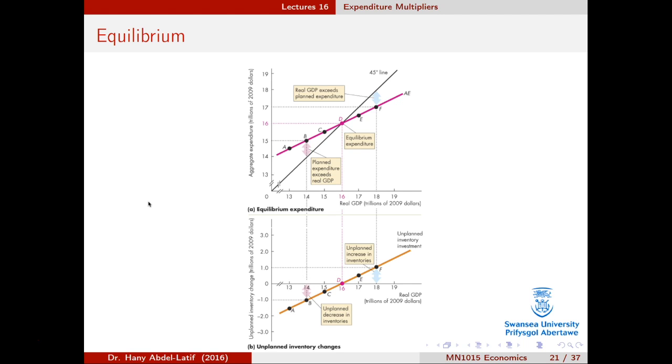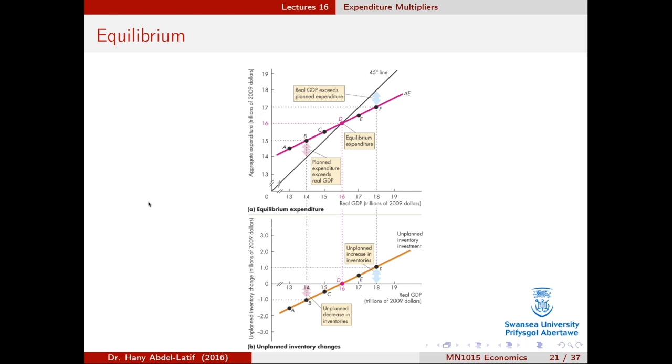If there is disequilibrium, meaning we are not at the equilibrium point, the unplanned changes to inventories will take us back to equilibrium. That's what you see in this lower section, which explains what happens to unplanned changes to inventories.